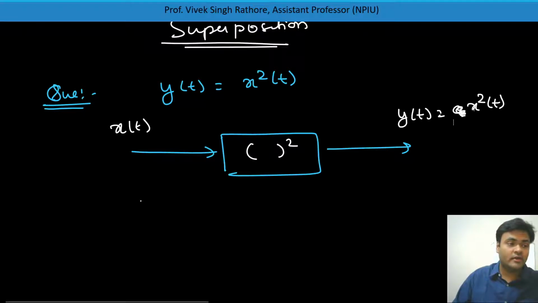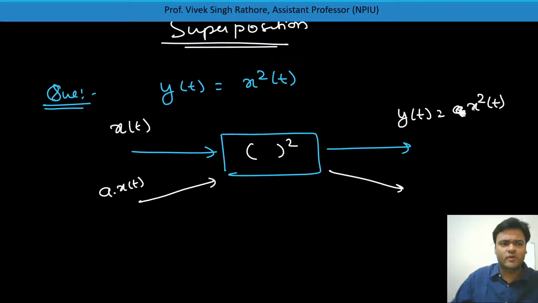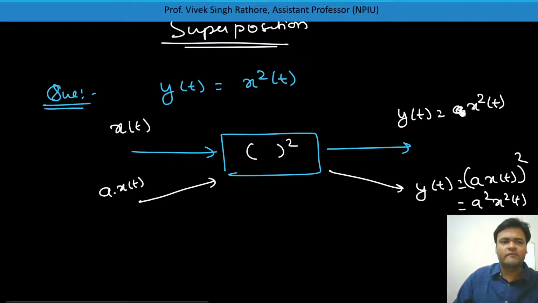Now if we are giving input as a into x(t), whatever input comes, it will just square. So y(t) will be equal to (a x(t)) squared, so it will come as a squared x squared(t), which is not equal to this condition, both.